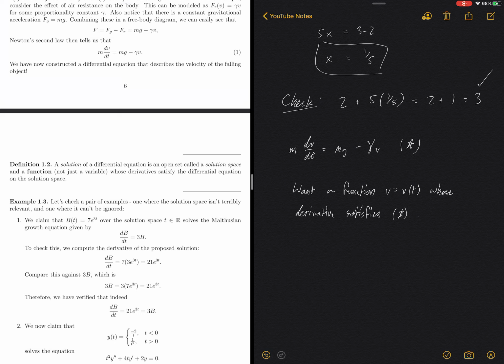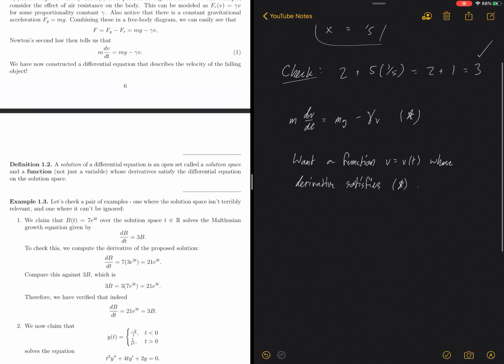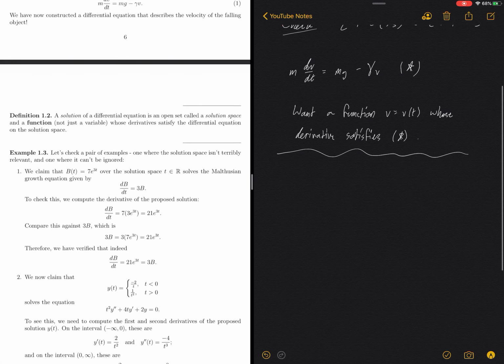We can actually check that a given function is or is not a solution to a differential equation just by plugging it in. So this is actually the easier part. We can check that it's right or wrong just by substituting this function into the differential equation. And the rest of this lecture series is figuring out that other step. How do we figure out which functions give us those solutions?